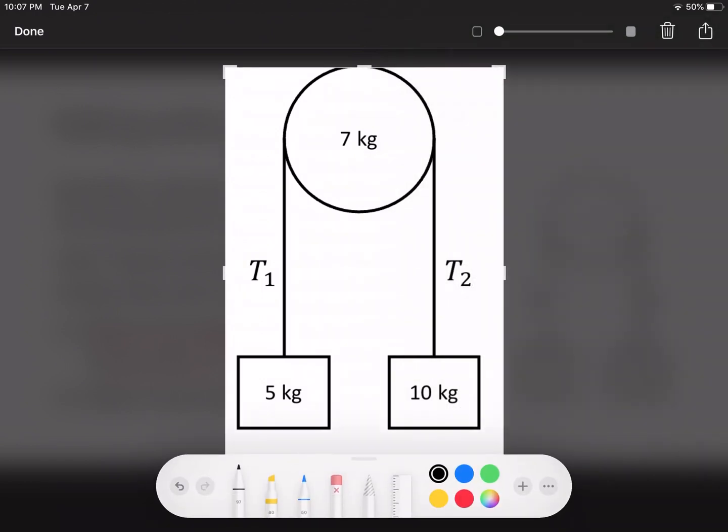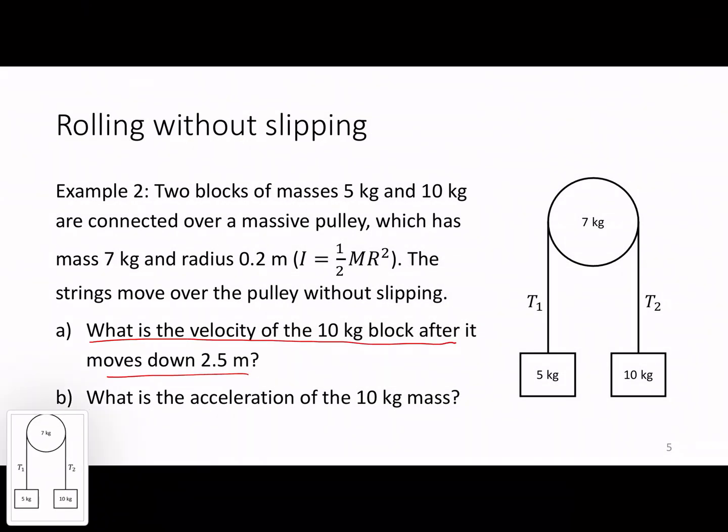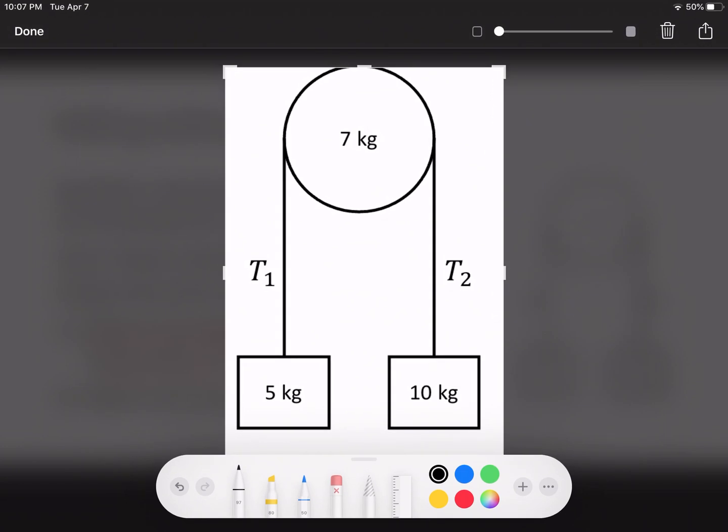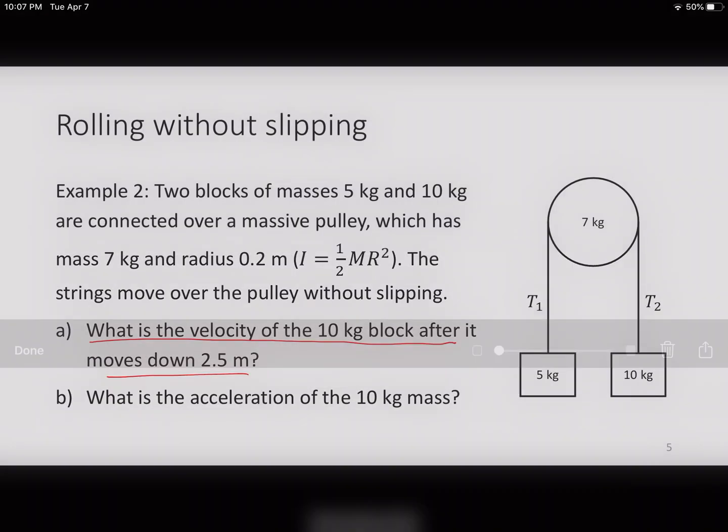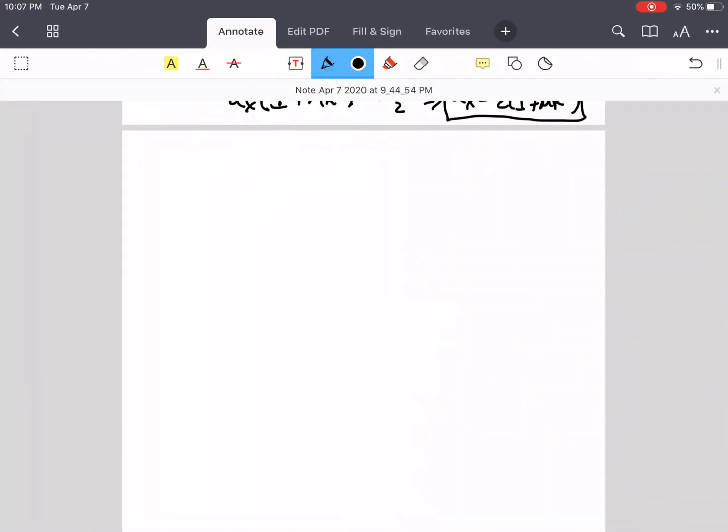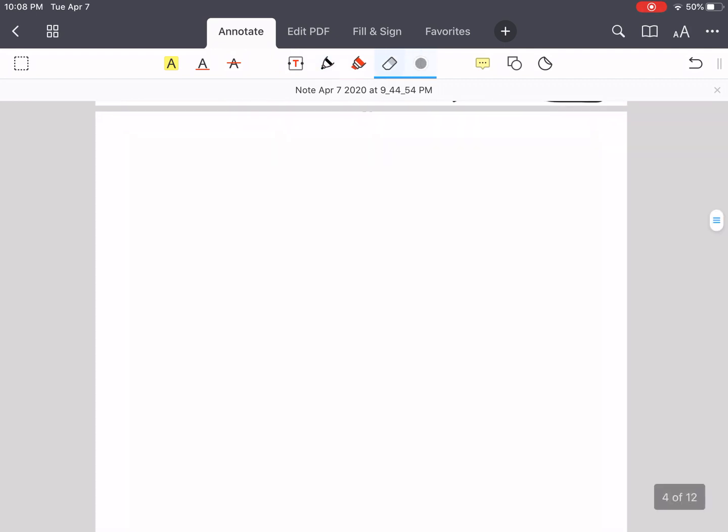Copy. All right, so now we can go over into our handy dandy PDF. And with any luck, I should be able to paste it. Oh, come on. No, well, can't win them all.